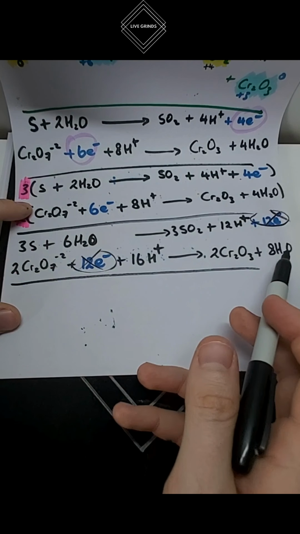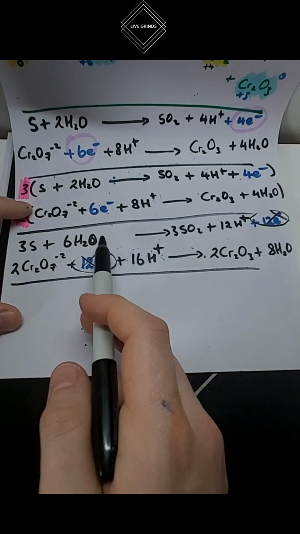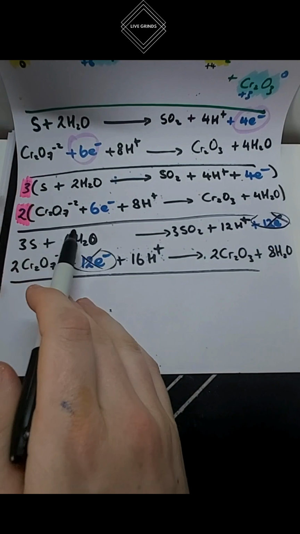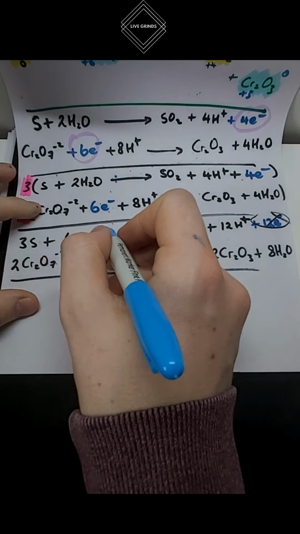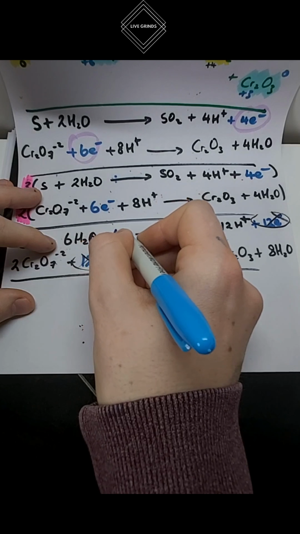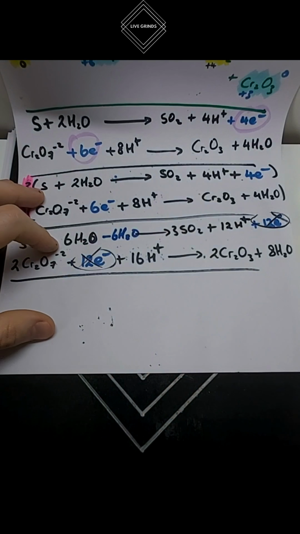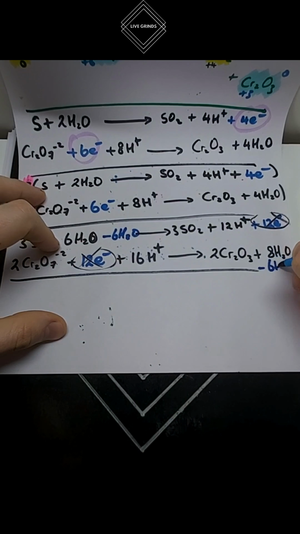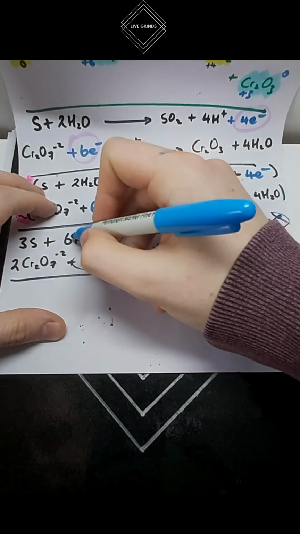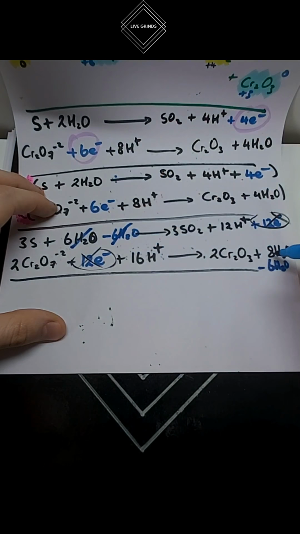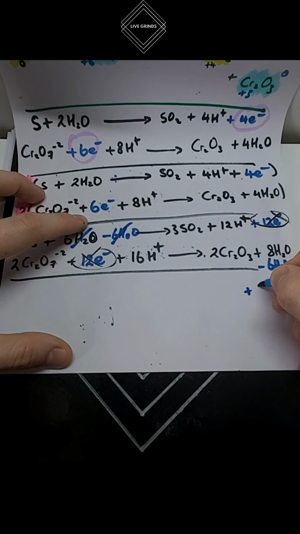But we also have 8 waters on the right and 6 on the left. So what we do at this point is take 6 waters away from both sides. So they cancel. We have 2 H2Os on the right.